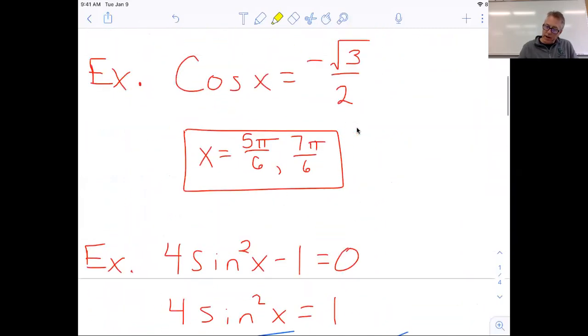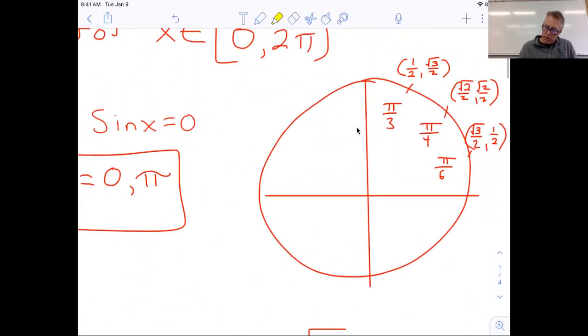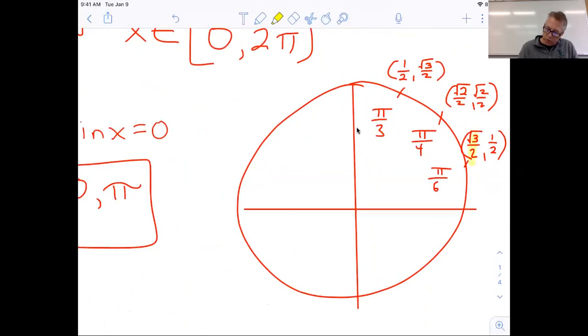The cosine is the x value, and the x value is root 3 over 2 right here. So pi over 6 is one of our answers. The x value is negative root 3 over 2 right here. So 5 pi over 6 is one of our answers. And it's negative root 3 over 2 here, so 7 pi over 6. And it's positive over here at 11 pi over 6.